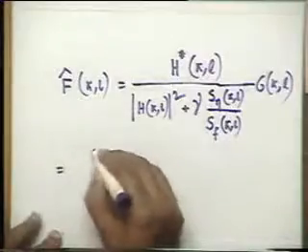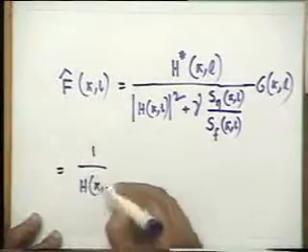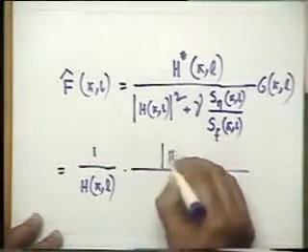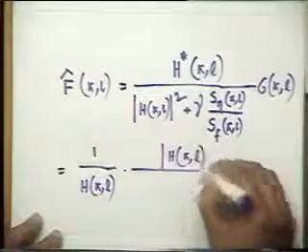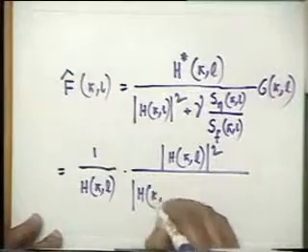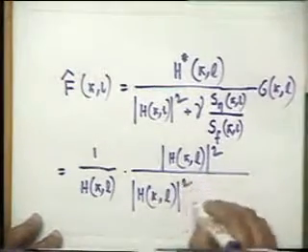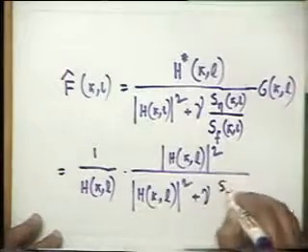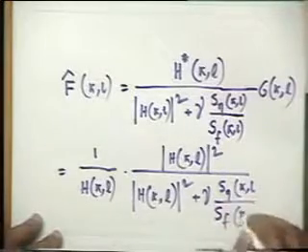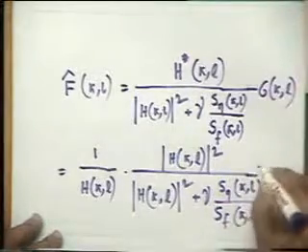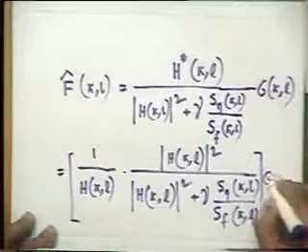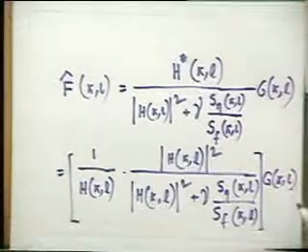So the same thing can be written as 1 upon H of KL, multiplied by mod of H KL square divided by mod H KL square plus gamma S eta KL by S F KL, this whole thing within parentheses, multiplied by G of KL.